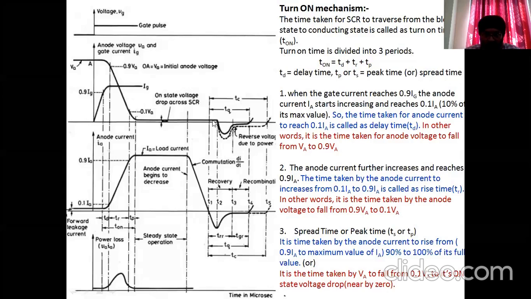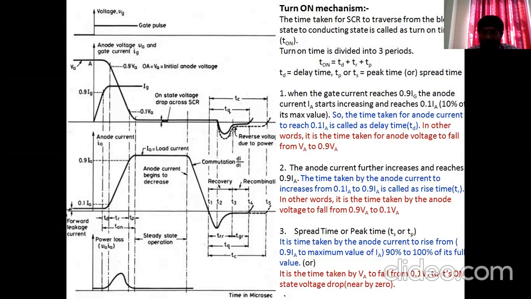So now after this steady state, the load current or the anode current is in steady state. Let's say we have started to turn off this device with forced commutation or natural commutation. So now the rate of change of current will happen through the anode. If this rate of fall of current is fast, we say it's a fast transition.